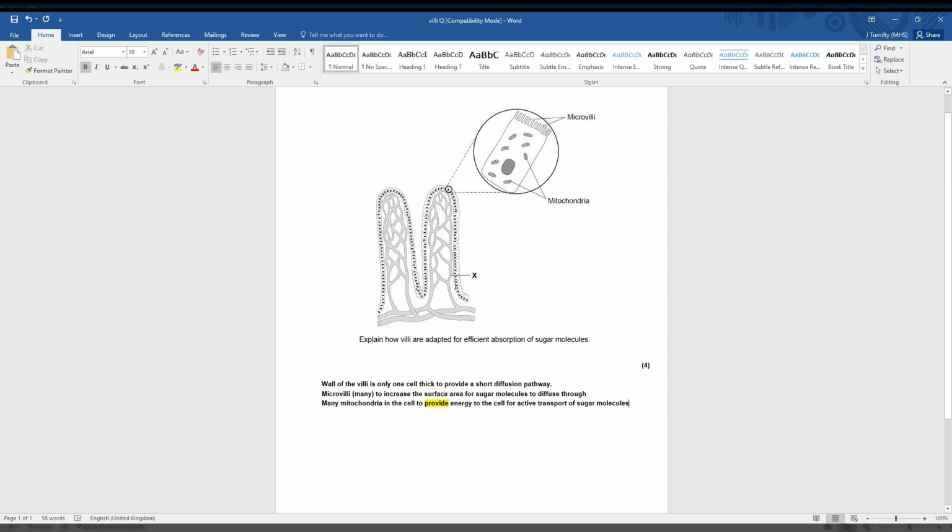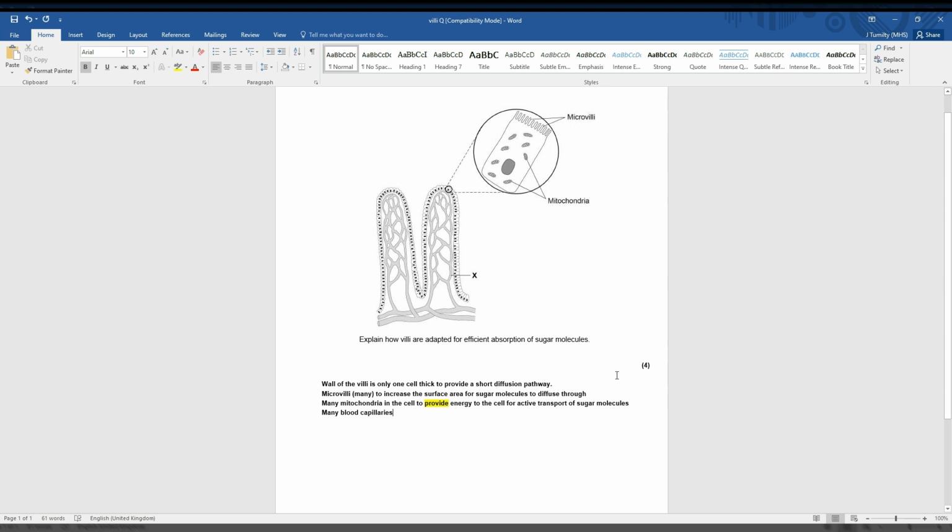So these are blood capillaries. And I can see that there is an awful lot of them inside each of the villi. So I can say many blood capillaries. So why are they there?